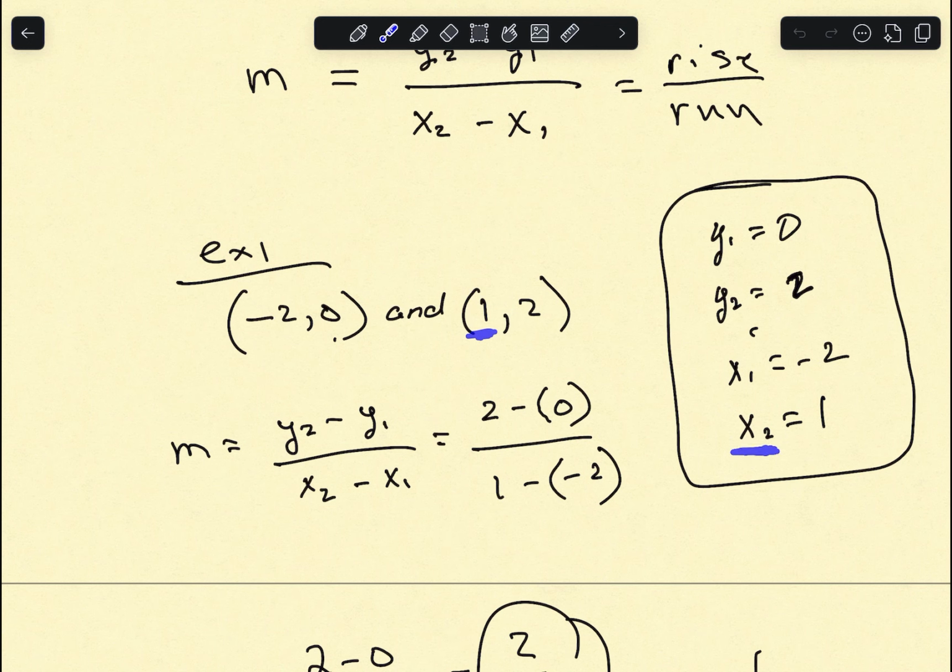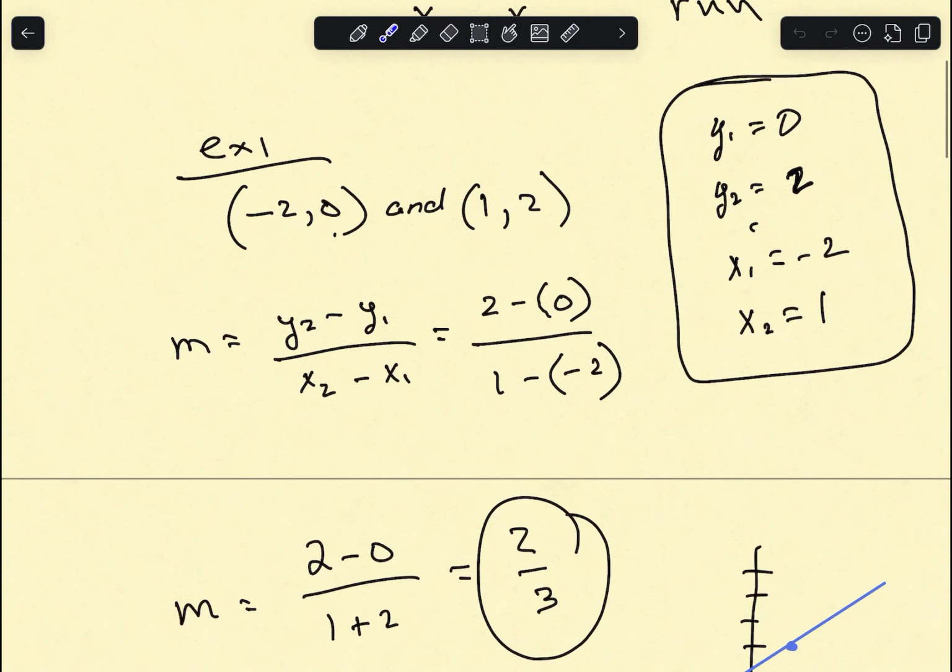Next, you have y2, which is 2, and there's y2, that's 2. We've got all our variables lined up, ready to use our slope formula, rise over run: y2 minus y1 over x2 minus x1, and we plug them all in.